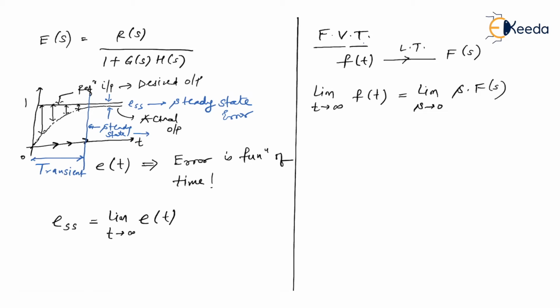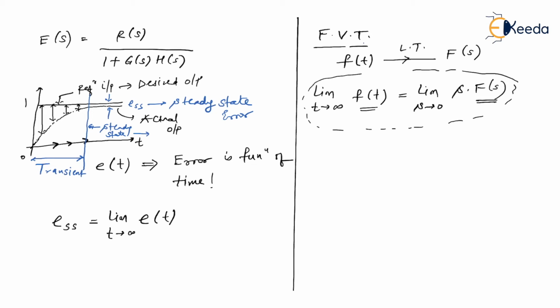So this is the relation between f of t and F of s. If you want to calculate the final value of f of t, a final value means when time approaches infinity, but you have to calculate it in terms of its Laplace domain value, then you have to use this formula, popularly known as the final value theorem.